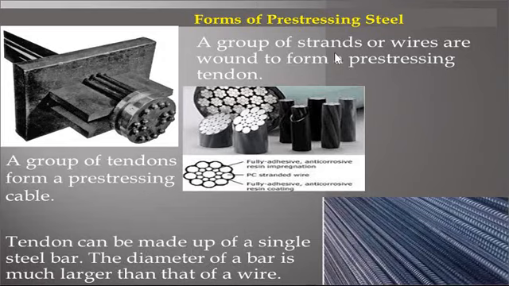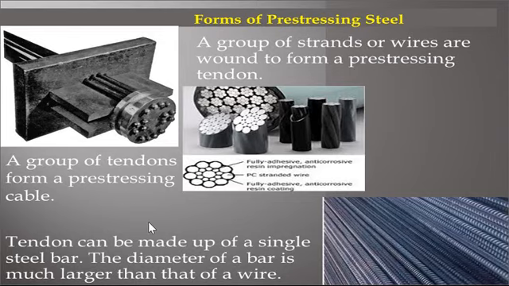A group of strands or wires wound together forms a pre-stressing tendon. This total is called the tendon. There are a number of cables or wires. A group of tendons forms a pre-stressing cable.